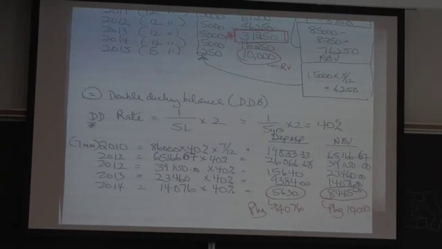In other words, your net book value can never be less than $10,000. So this is the difference.